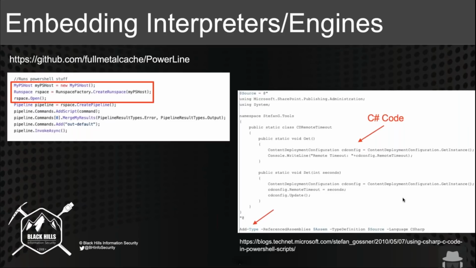Powerline is just a C# executable, okay, that embeds a PowerShell run space. So it's embedding the PowerShell runtime inside of the C# executable, okay? And the reason it does this is to bypass people who have locked down PowerShell.exe. So Powerline is basically meant to run PowerShell without PowerShell.exe, okay?